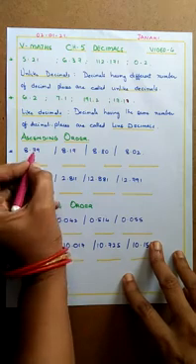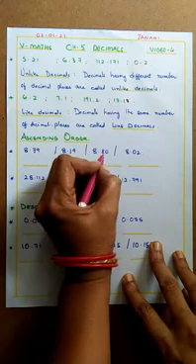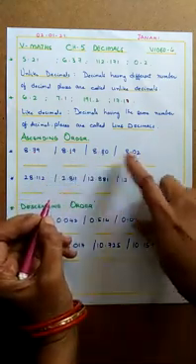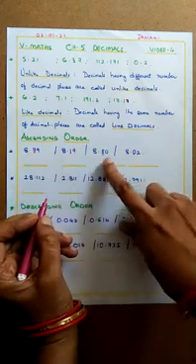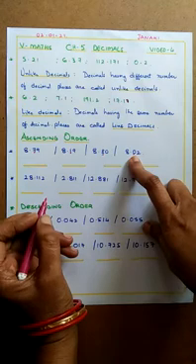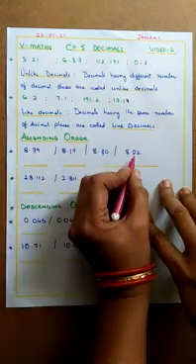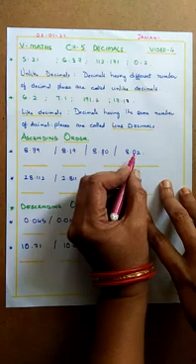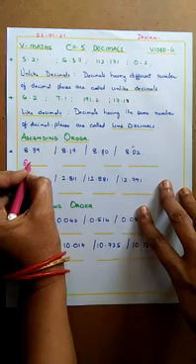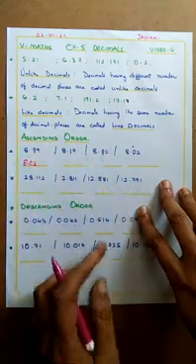Now see the 10th place: 7, 1, 8, 0. Out of these four, 0 is the smallest one. So start writing with 8.02. This is the smallest one out of these four.